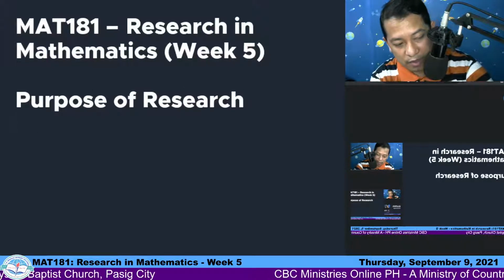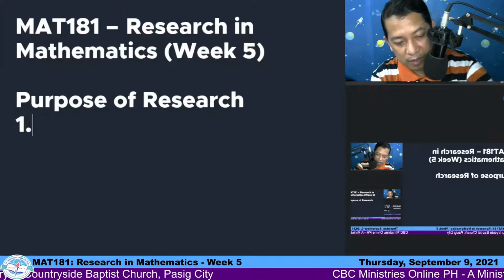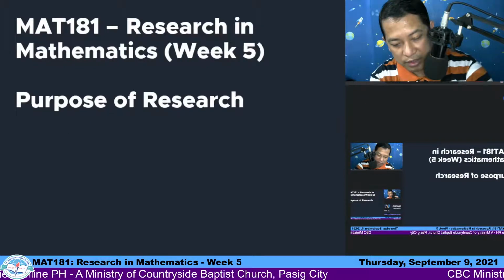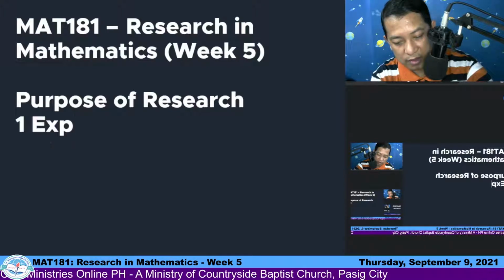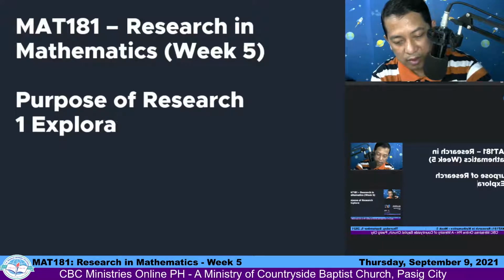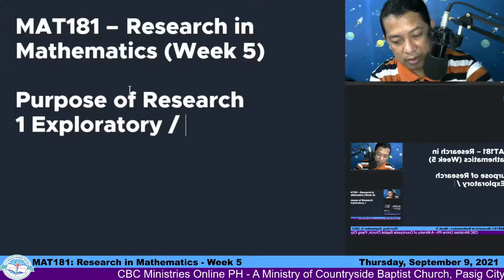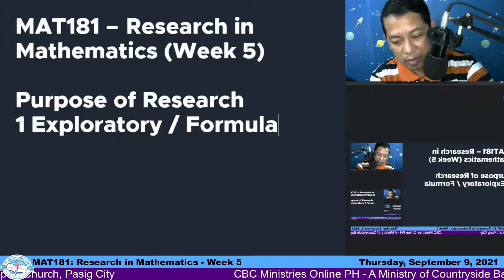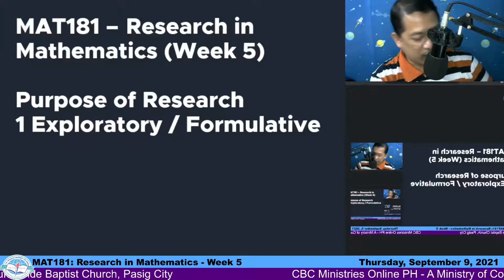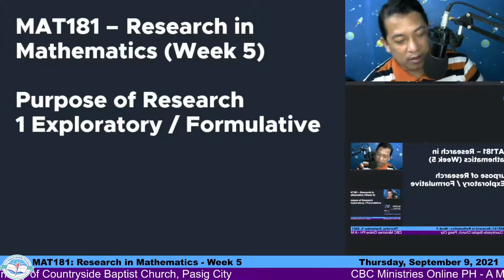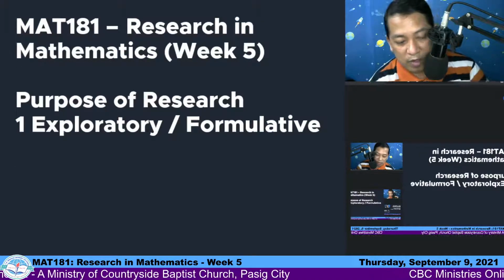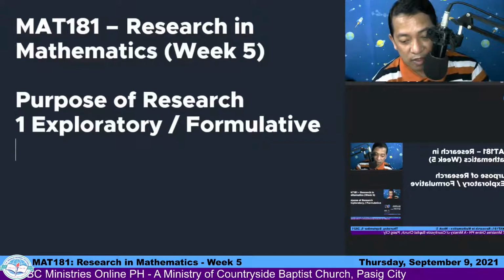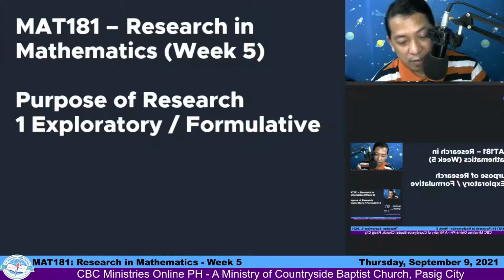Okay, we have our purpose of research. Number one is exploratory and formulative research. There needs to be an exploration or formulation that is ongoing as a purpose of research.